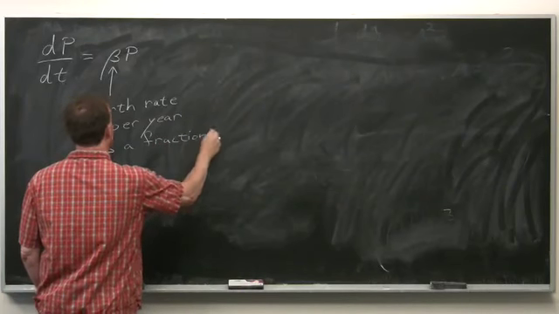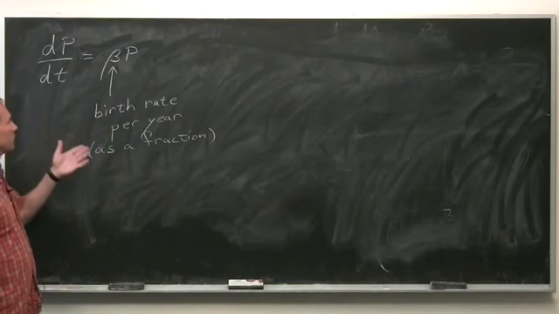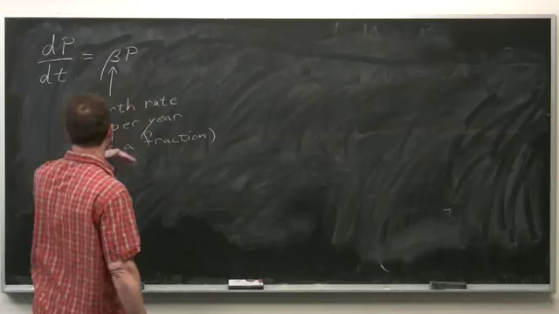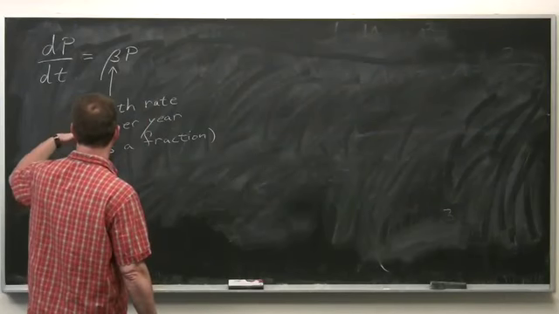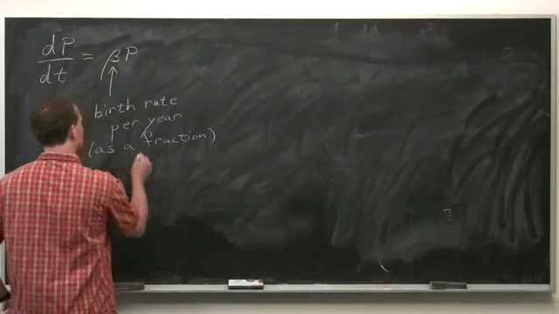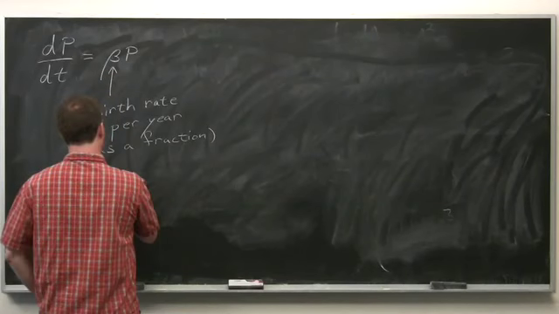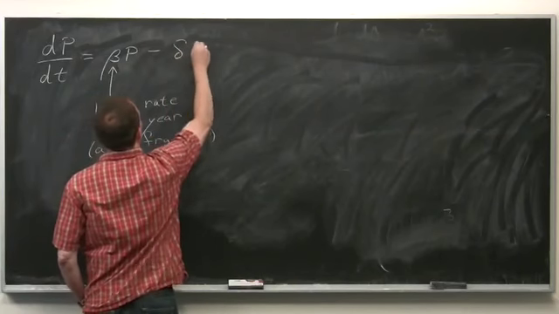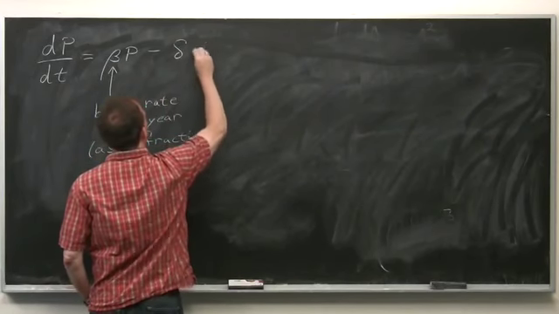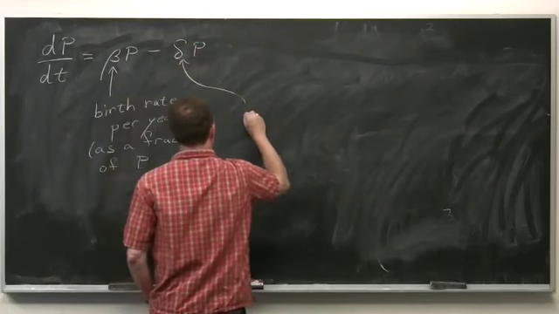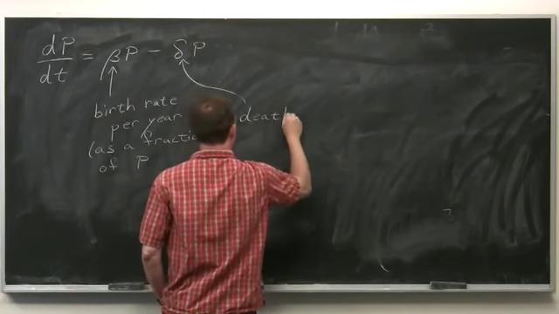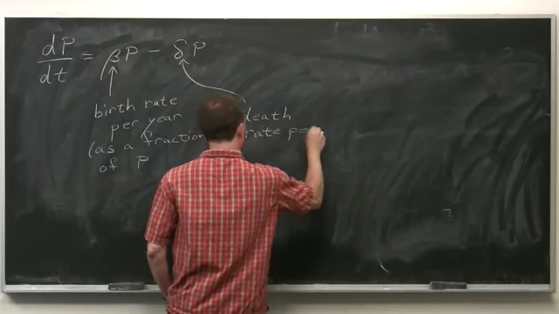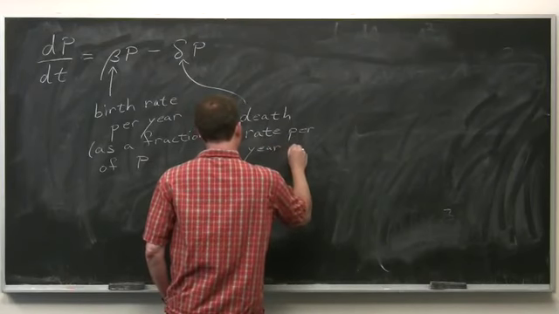So if you say the birth rate is 3%, then beta would be 0.03. And then it gets multiplied by P to give you the actual people per year that are born. Similarly, we have minus delta P, and that's a lowercase delta, delta for death rate, as a fraction of the population, per year, as a fraction of P.